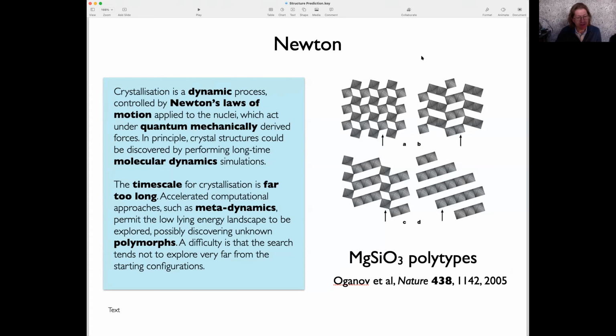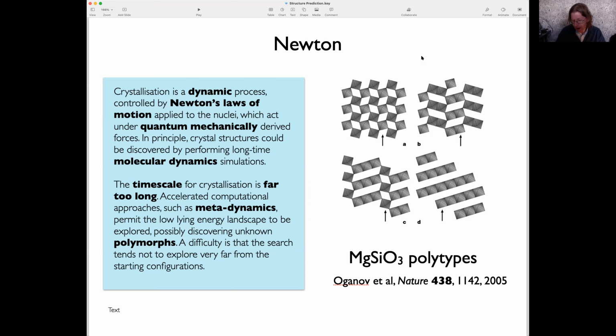Probably the most obvious approach you could think of is to try and do it the way that nature does it. Nature has no trouble crystallizing materials. Well, it has trouble crystallizing some materials, but many materials crystallize just fine. So long as you give, for example, a planet a few billion years, the atoms can settle down into their various mineral structures, and the universe has sorted that out.